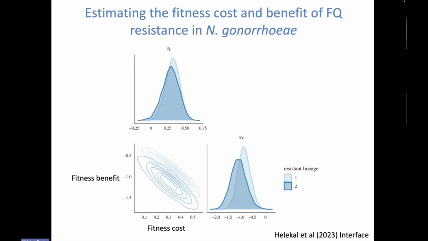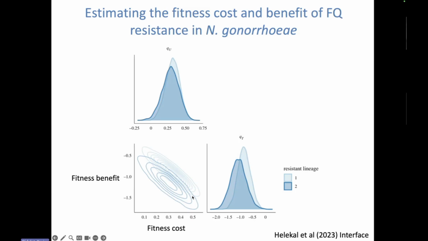And so having estimated those cost and benefit, we can make suggestions again about how fluoroquinolones, which haven't been used against gonorrhea for over 20 years now, could perhaps be reintroduced as a treatment alternative for resistant gonorrhea in a way that we make sure that resistance is not going to emerge again, by keeping the cost higher than the benefit.